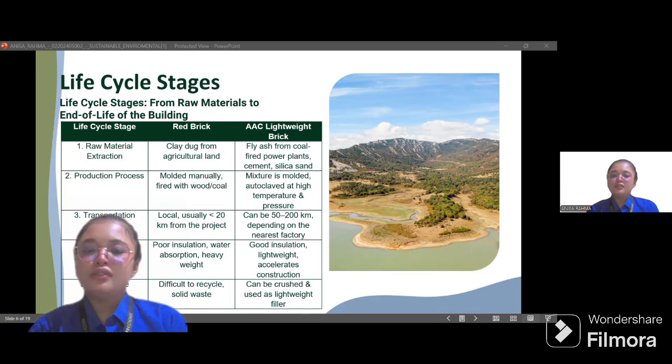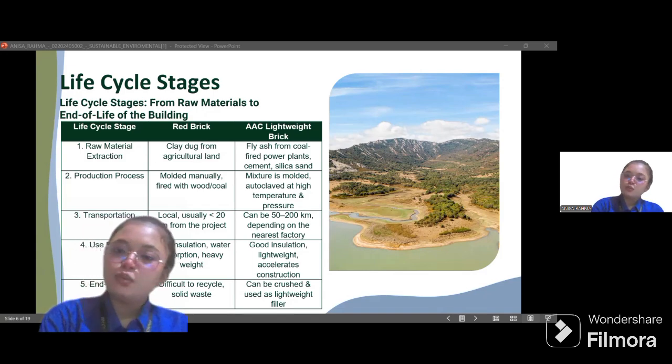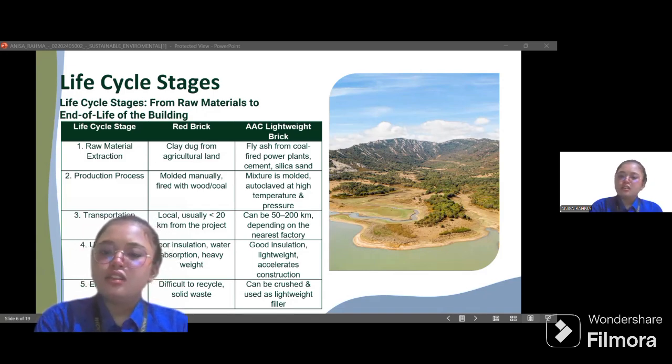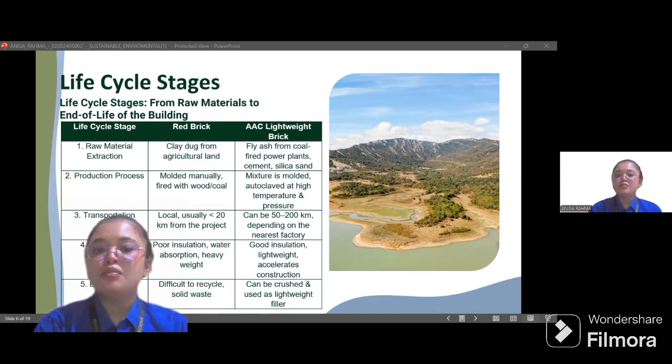But conversely, AAC can be crushed and reused as landfill, road base layer, or in non-structural concrete mixes. This makes AAC a better option in terms of the circular economy.